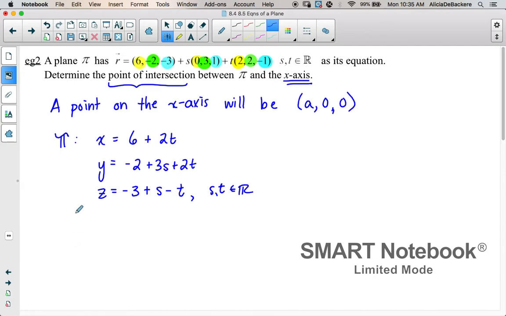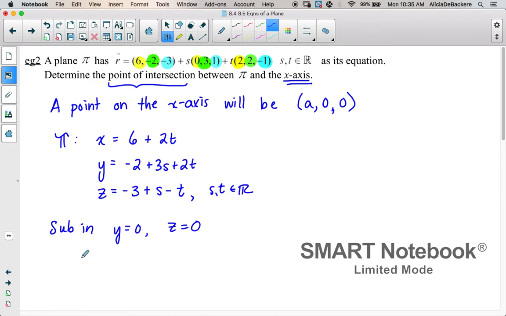Okay, so now what we can see here, I've got these 3 different equations. What I'm going to do is sub my point. I know that I need 0 for y and z, and that's going to help me figure out my x coordinate. You could sub in a for x at the same time if you want, or I'm going to come back to that later on in my case.